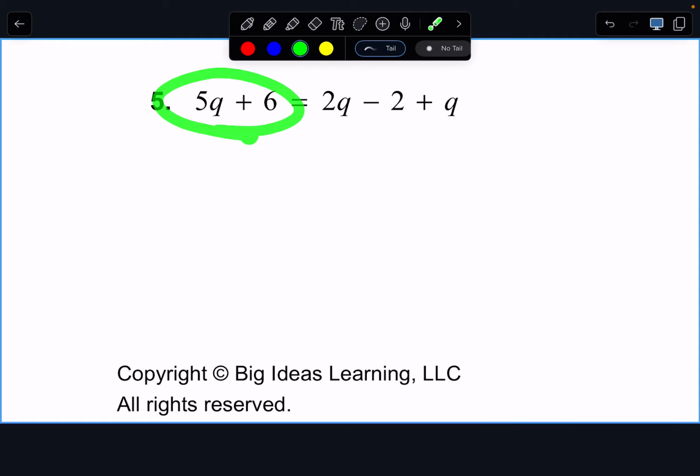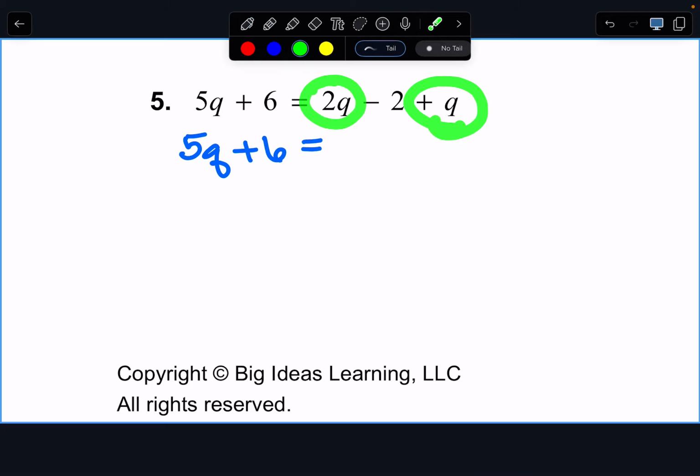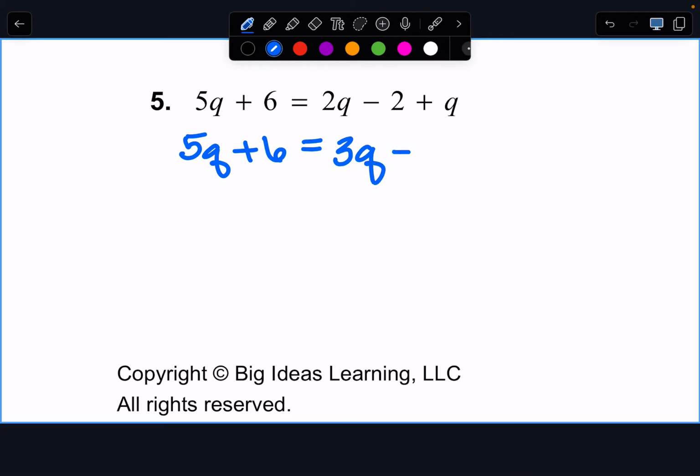Do we need to combine anything over here? No, we can write 5q plus 6. But over here, we have q's that need to be combined before we start trying to balance an equation. So we have 3q minus 2.